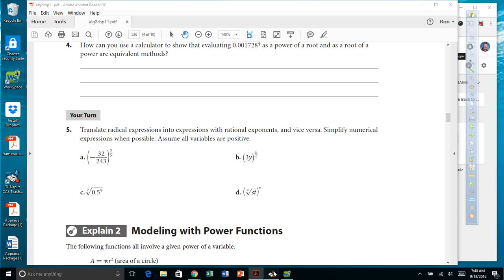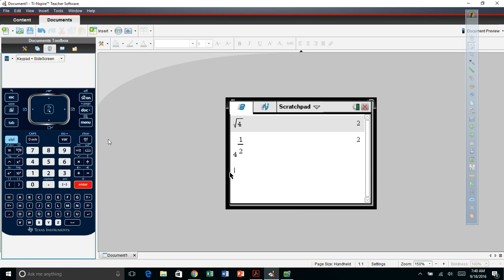Well, we can do that in our calculator. 0.001728, then caret, open parentheses, 4 divided by 3. Okay, good. Now let's take the cube root.